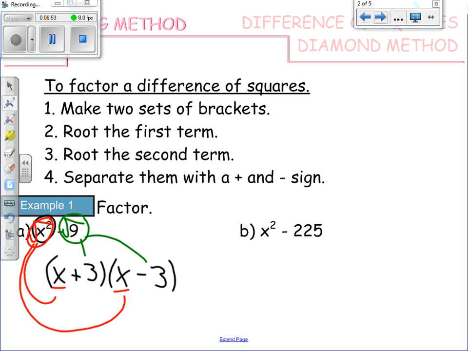Same as the diamond. So if the diamond method works out, this is kind of an option. Yeah, it's an easier way to just kind of skip through it. So what goes on the top of the diamond for this question, Kendall? And what goes on the bottom? And what goes on the sides?